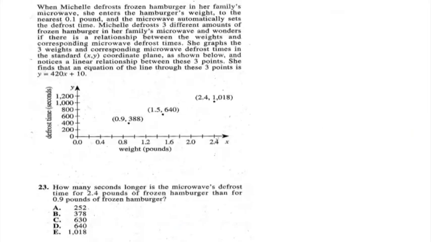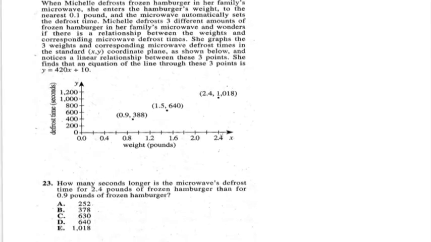In the next problem, you see we pick up with the same graph, but now we actually have a problem to solve. Number 23 down here. And number 23 says, how many seconds longer is the microwave's defrost time for 2.4 pounds than for 0.9 pounds? So we're talking about the defrost time.